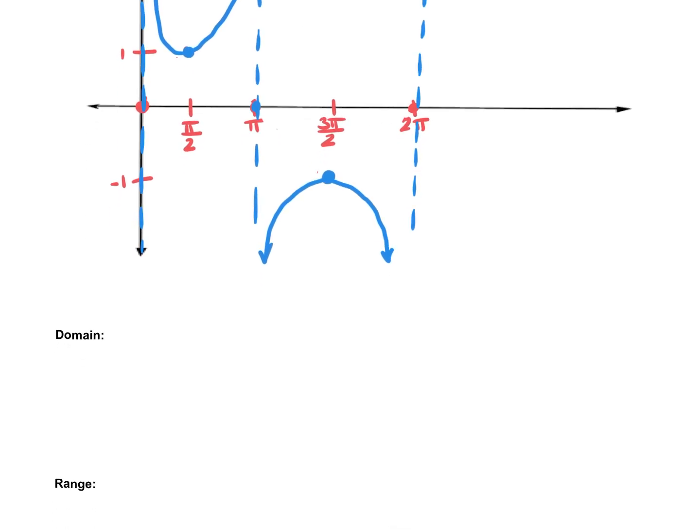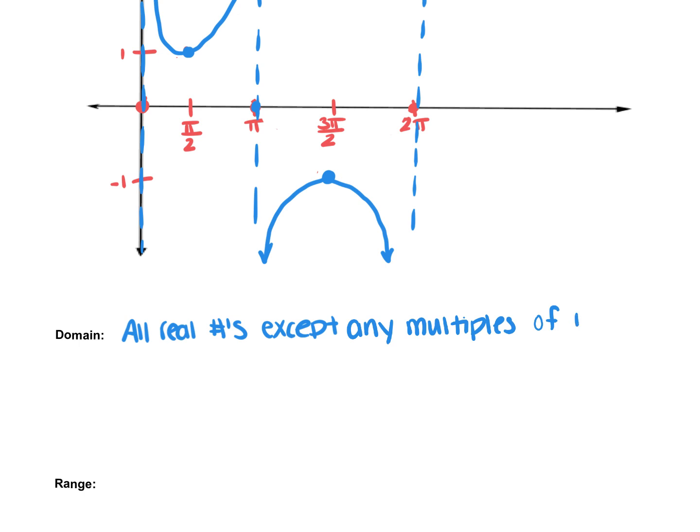So we say that the domain is all real numbers except any multiples of pi.